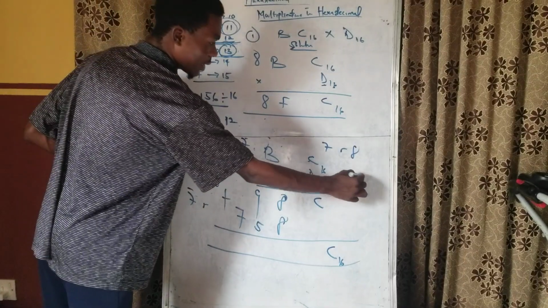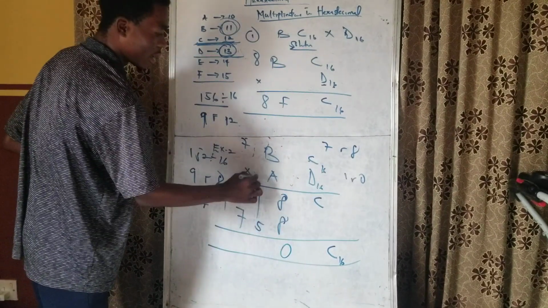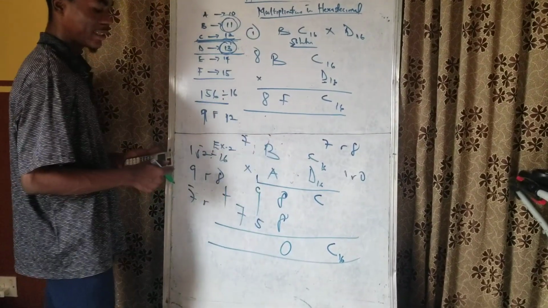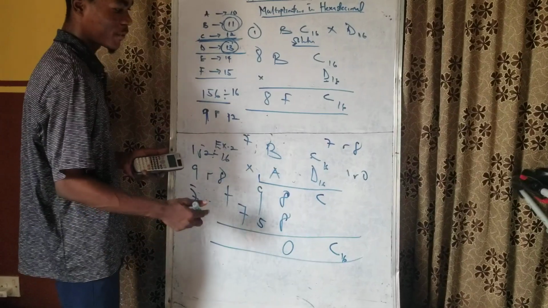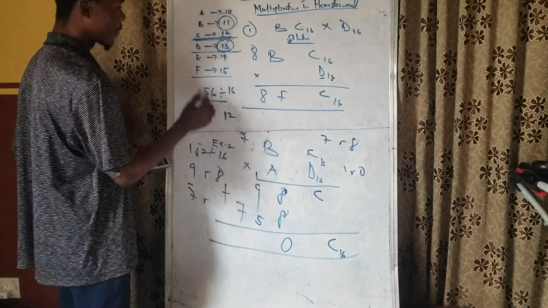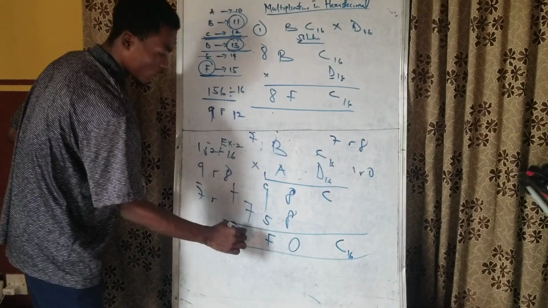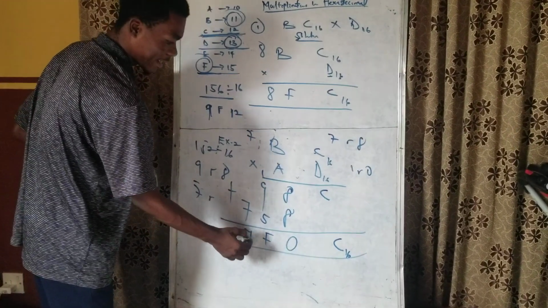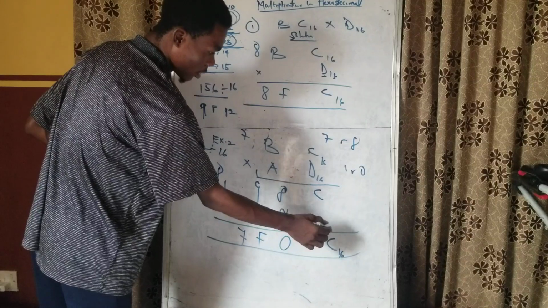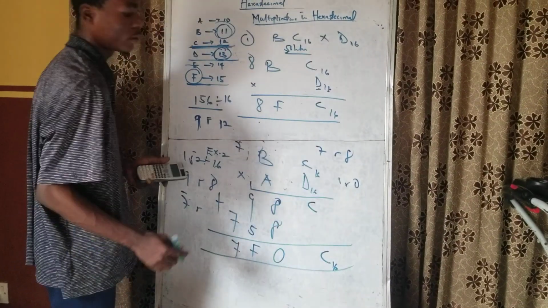We write 0 and keep 1. Then 1 plus 9 is 10, and 10 plus 5 is 15. 15 is not up to the base, and 15 is F. Then we drop our 7. So we have 7F0C, base 16.